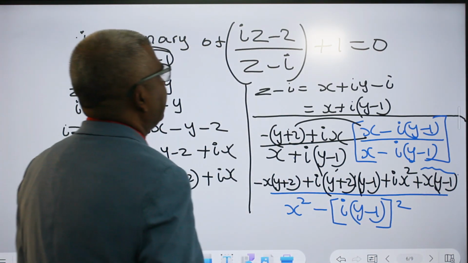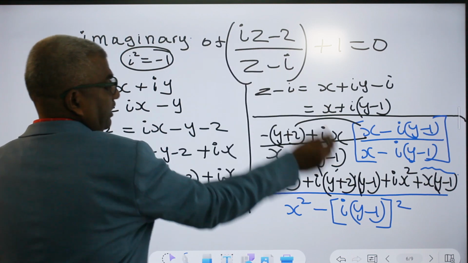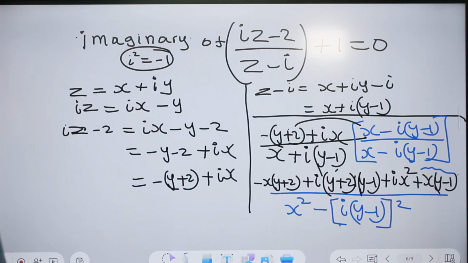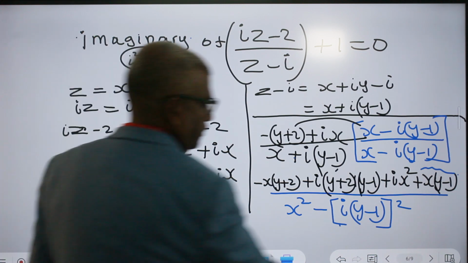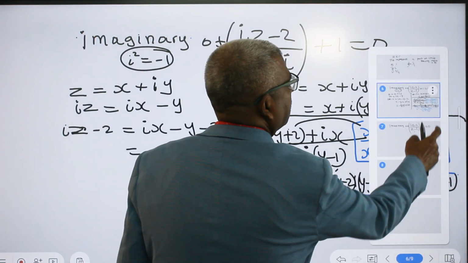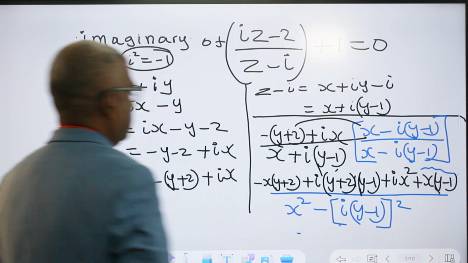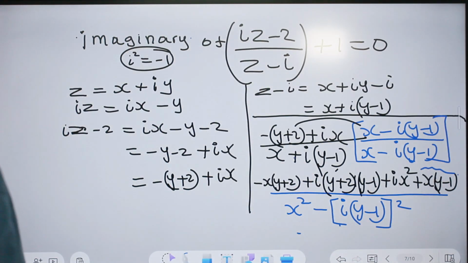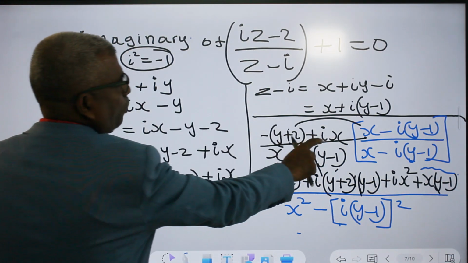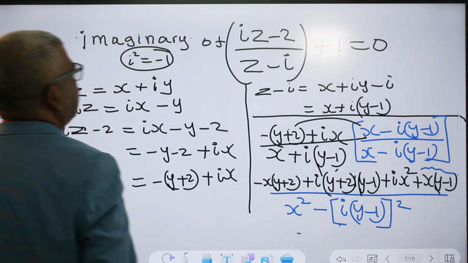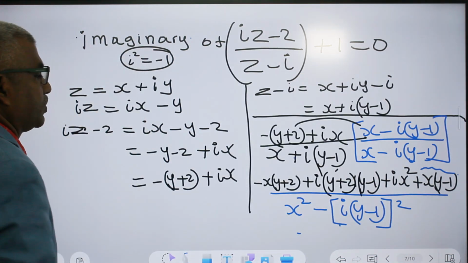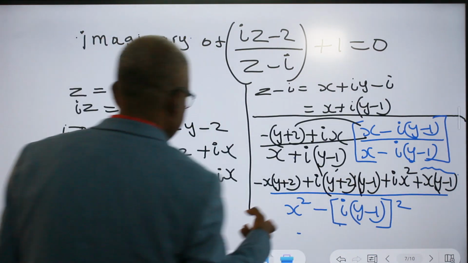Now what they are telling: imaginary part of this plus 1 is equal to 0. This is a part of the circle equation, so we have to take the imaginary part only.